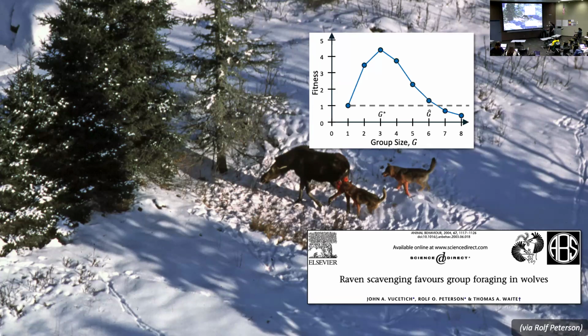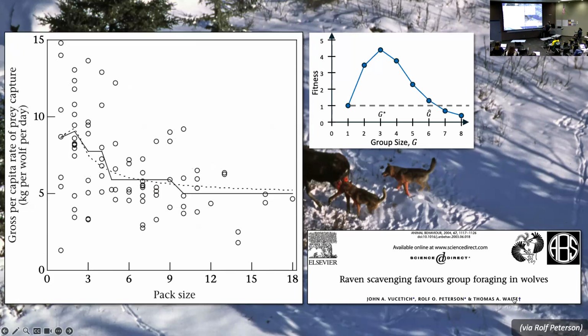So there was this paper that was done here. Tom Waite is actually one of my old mentors here, and I really like this paper. What they did in this group is, this is real data across Isle Royale up in Michigan. This is gross per capita rate of prey capture by different packs, and these are pack sizes down here.